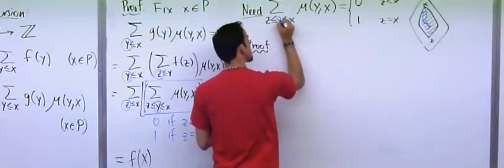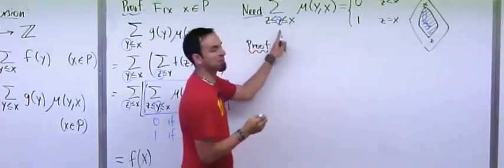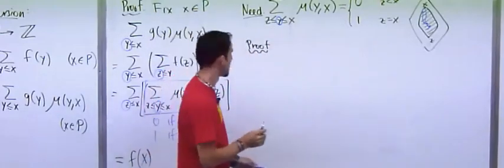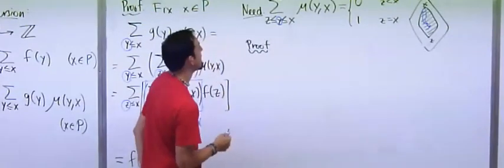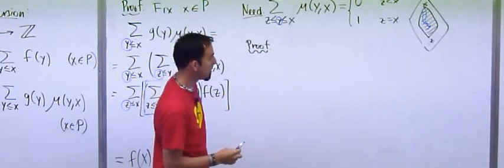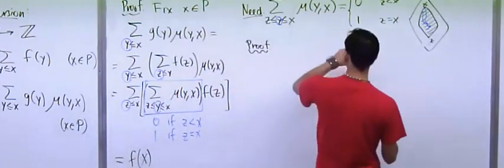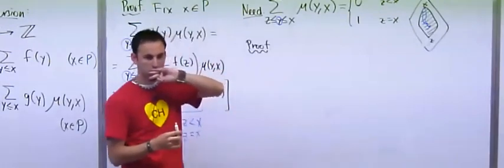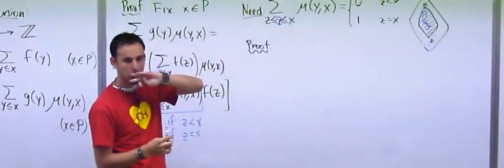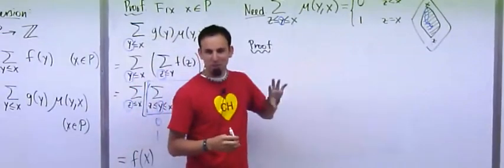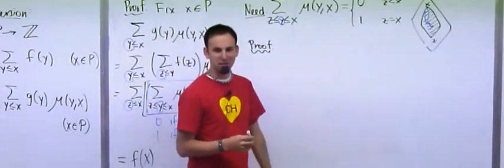And again, if I forget, remind me to write under each summation the letter that I'm actually summing over, because it's going to get a little messy. So proof. How am I going to prove this? The proof is just a matter of computing and seeing that it does compute.